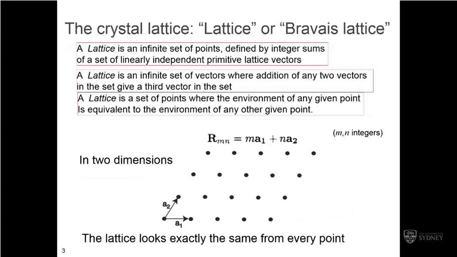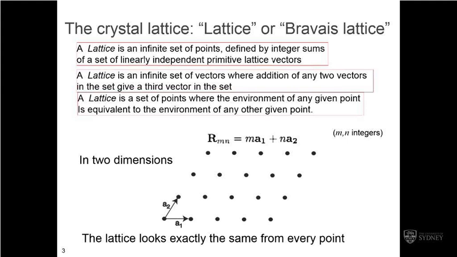Up here I've put the very first thing, 3 ways you may like to think about the crystal lattice. The crystal lattice is also called a Bravais lattice. All of these points represent your atoms. Let's look at the 3 ways you can think about it.